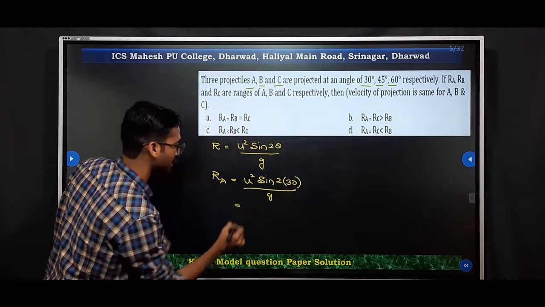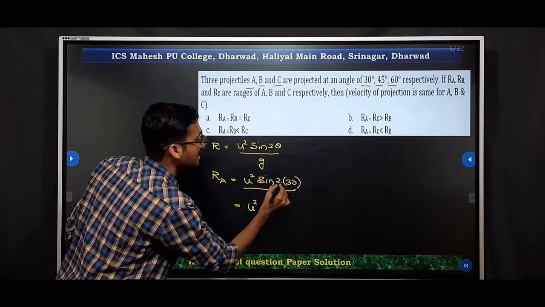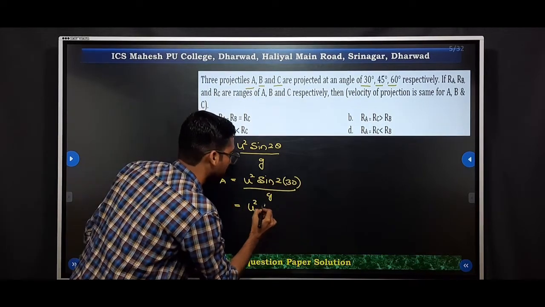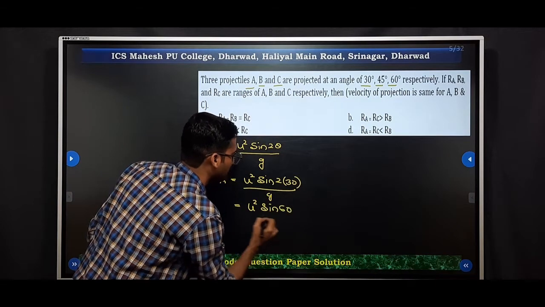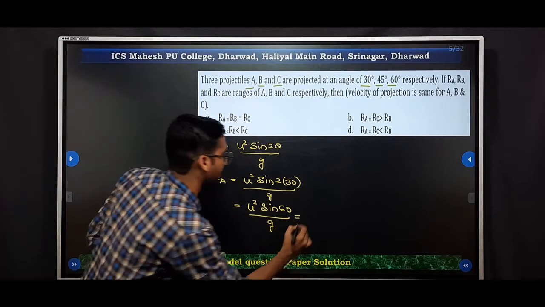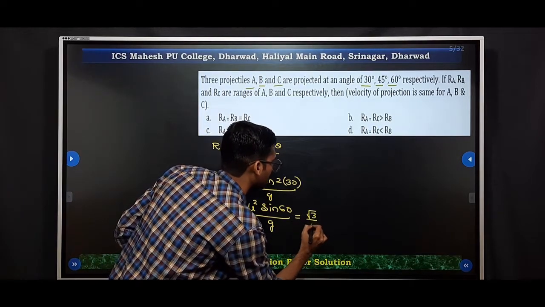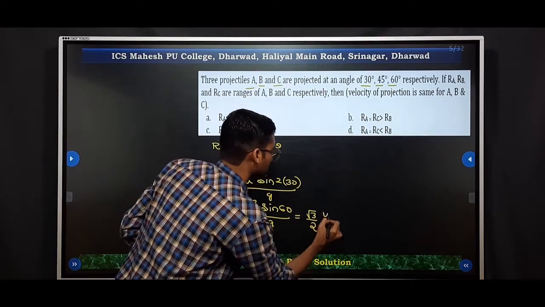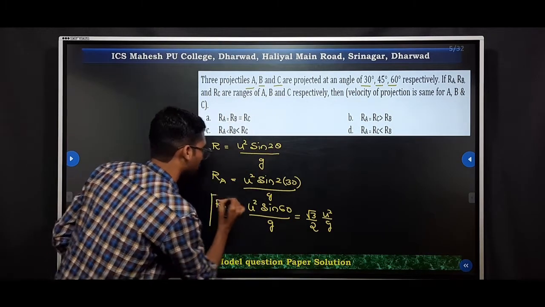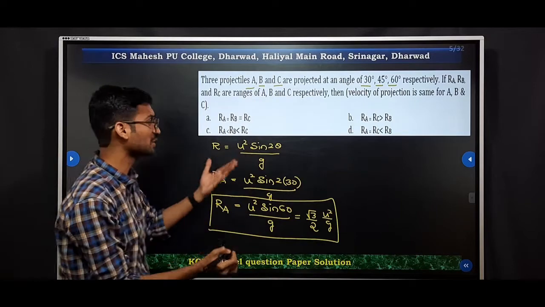That is u square sine of 2 into 30, that is sine of 60, whole divided by g. Sine 60 is root 3 by 2. Therefore, root 3 by 2 into u square whole divided by g is the range for the first projectile. Moving on to the next one.